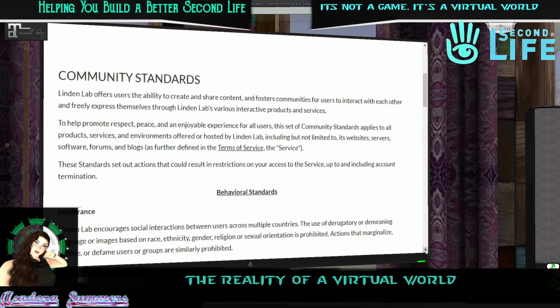A lot of people see them as separate entities, but the community standards are part of the terms of service, and the terms of service is within the community standards. Most of the things in the community standards people don't realize, and they're quite basic behaviors.